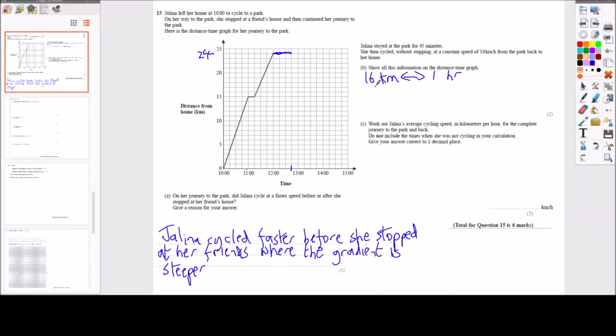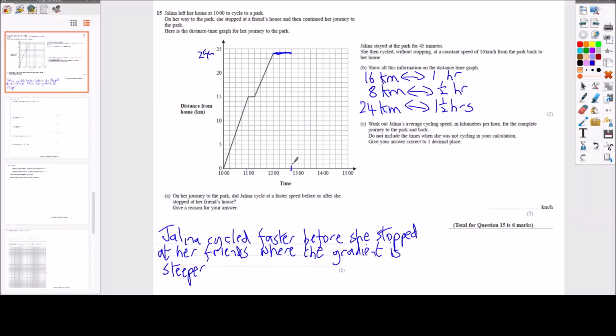Or if you halve that, she would go 8 kilometers in half an hour. Now, how far does she have to go home? She's got to go 24 kilometers. So how long is 24 kilometers going to take her? Well, if 8 kilometers take half an hour, 24 kilometers is 3 times as long. That's 3 lots of a half, which is 1.5 hours.